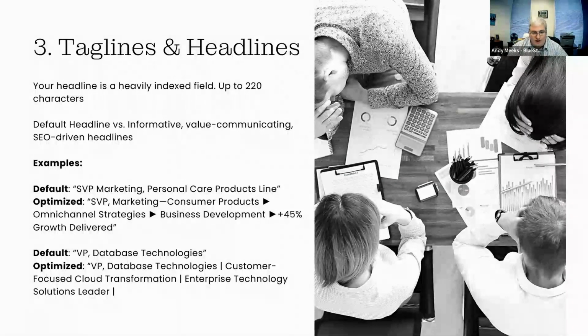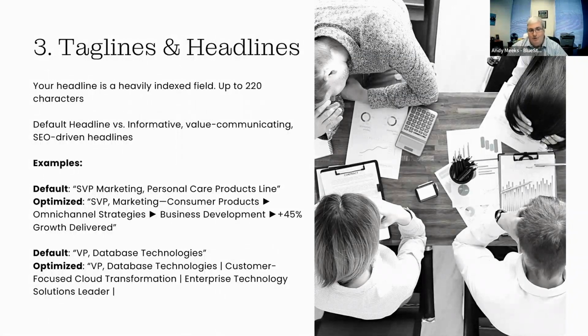If we take a look at a couple of examples, the default is your most recent or current position on LinkedIn. So it gives the title and the company, and that's it. This gives you the ability to really customize this with keywords. So instead of just saying I'm an SVP of marketing for a personal care products line, I can talk about SVP marketing, consumer products, omni-channel strategies, business development, and even put in some numbers if you wanted to, like the 45% growth delivered.